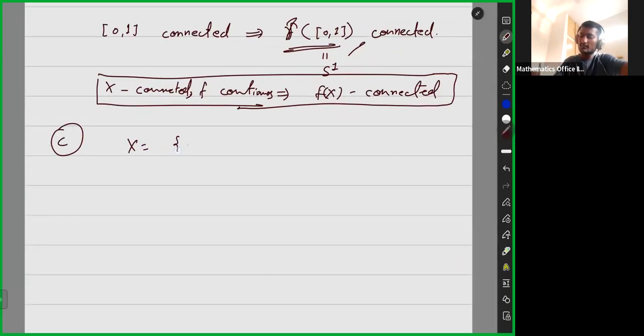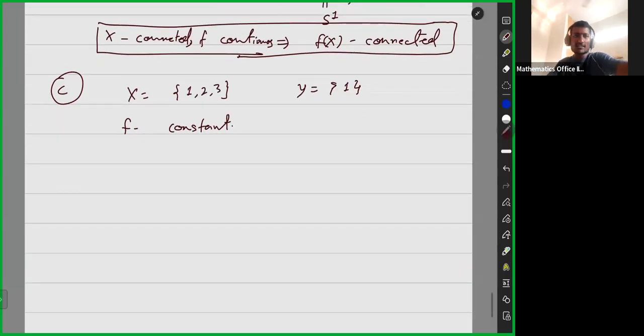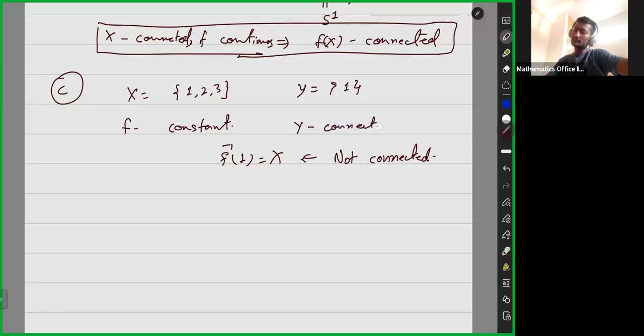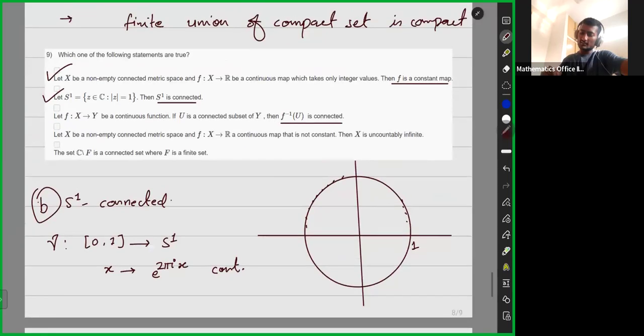X is equal to, let's say, {1, 2, 3}, Y is equal to a single point {1}, f is a constant function. But {1} is connected, Y is connected, f inverse of {1} is X, and X has the discrete topology. I'm giving it the discrete topology. Okay, so C need not be true.